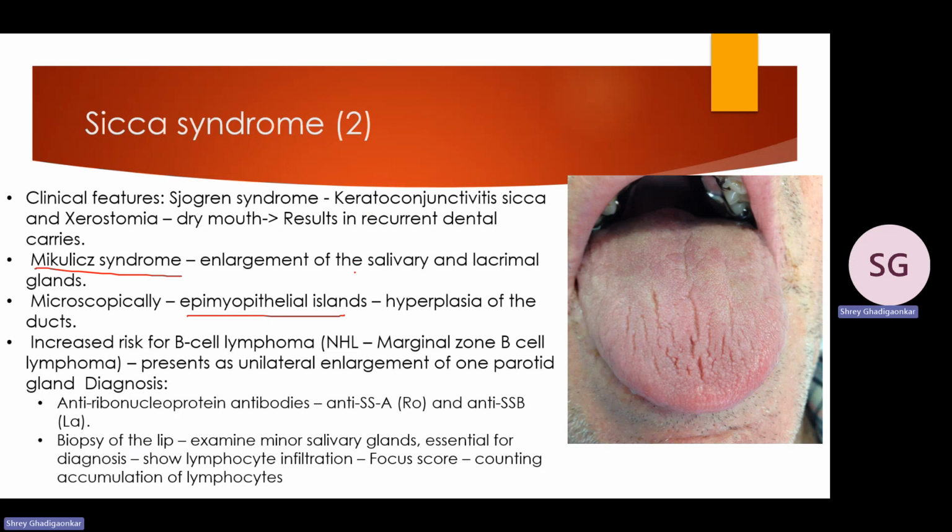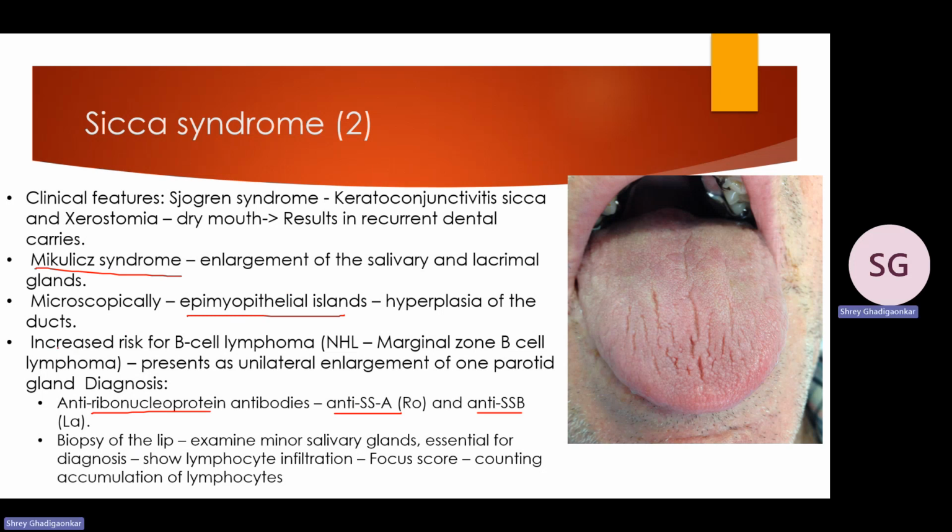Regarding the diagnosis, as mentioned, there may be antibody formation. Specifically, there are two well-known antibodies in this case, and those are against ribonucleoproteins. These antibodies are called anti-SSA and anti-SSB, also known as Ro and La antibodies. The SS basically stands for Sjogren's syndrome, so it might help you remember.